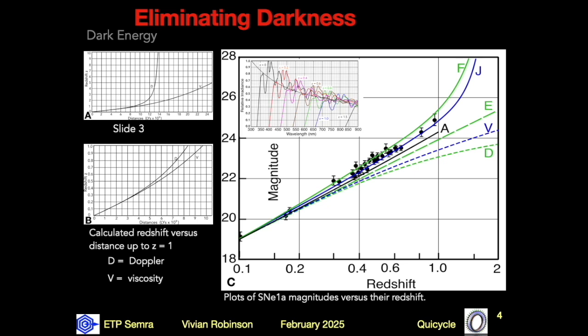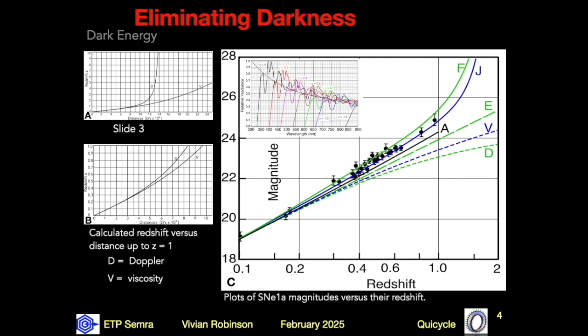We now need to check what those measurements mean in an infinite steady-state universe. Figure A is a quick reminder of the different distances attributed to the Doppler and viscosity redshift measurements. Figure B shows the difference between the two curves up to redshift z equals 1.